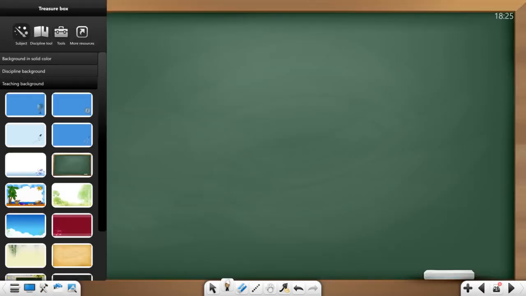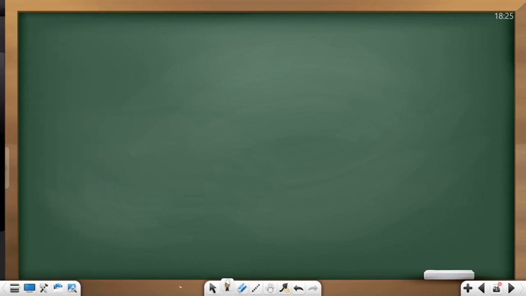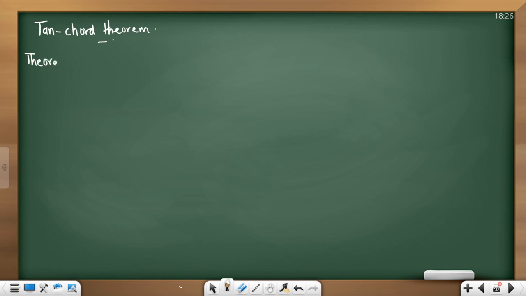This one is nothing to play with. It is a very, very important theorem. Tan-chord theorem, and you will be tested on this in terms of proving. Okay, so here's the theorem. The angle between a tangent, now you know what a tangent is, right? And a chord, can you see the word chord there?